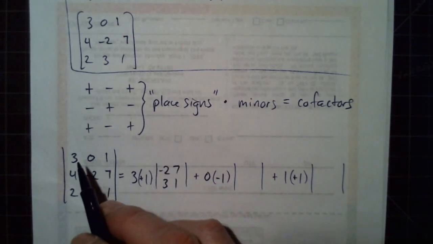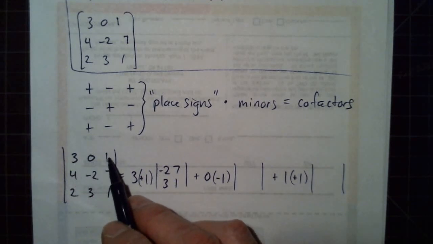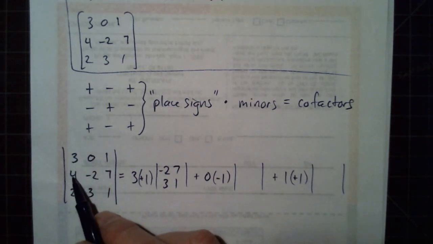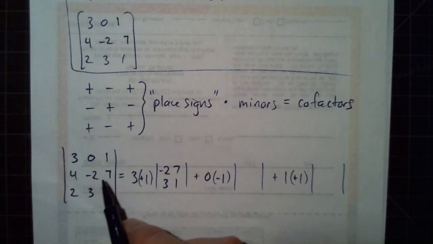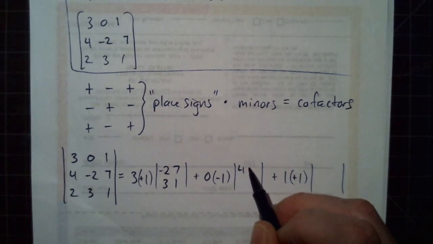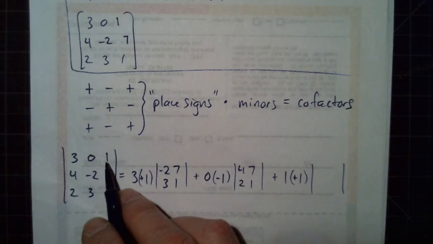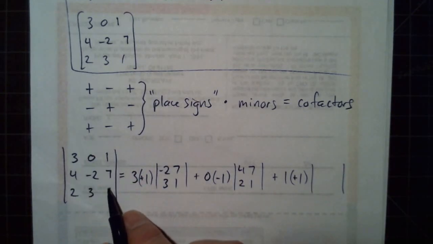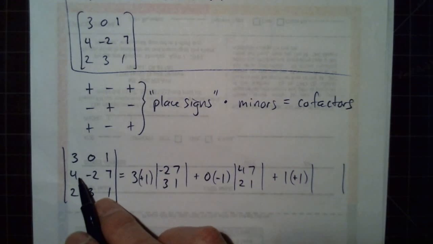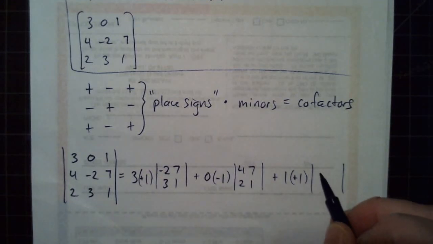Then when we're looking at this element, we take out that row and that column, and we copy what's left. 4, 7, 2, 1. Here we have this element, cross out the row, cross out the column, and we copy what's left. 4, negative 2, 2, 3.